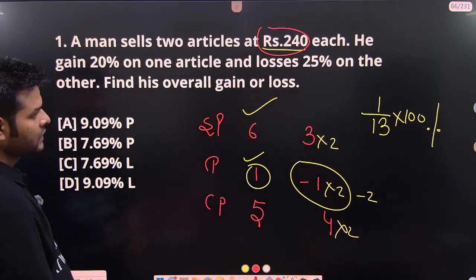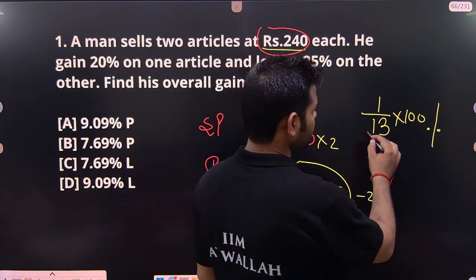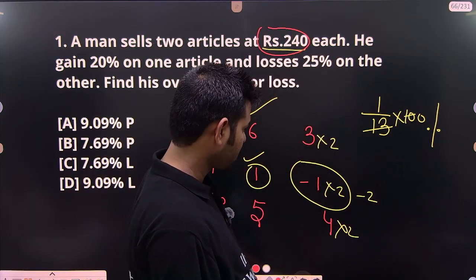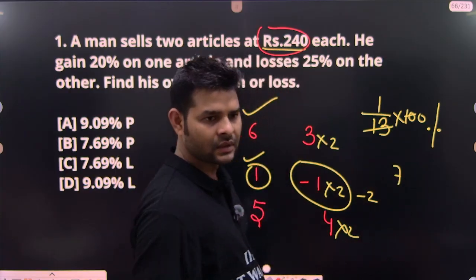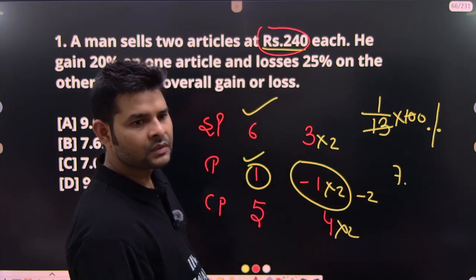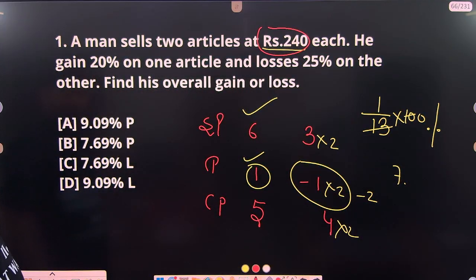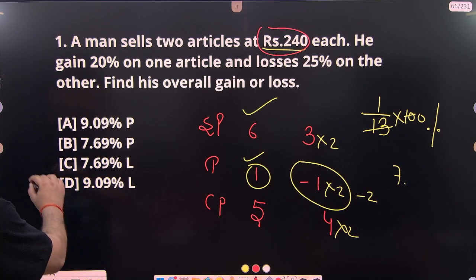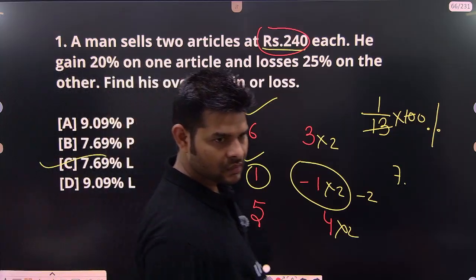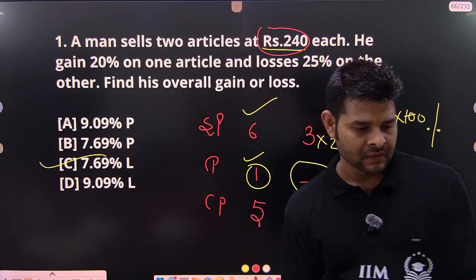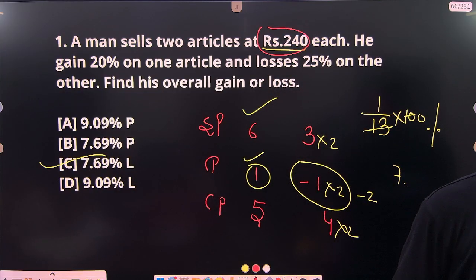You need to multiply by 7, about 7 times, that would be around 9. Basically of these both the options, profit and loss, that would be loss. So loss is here. 1 is given profit, 1 is given loss. The value is the same, but 1 is profit, 1 is loss.